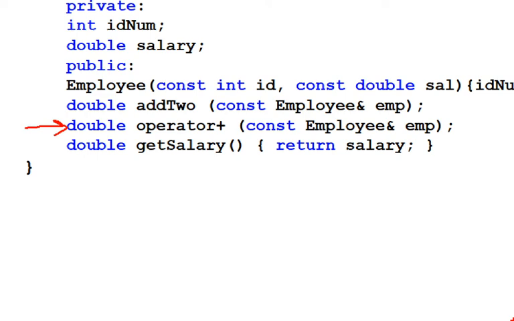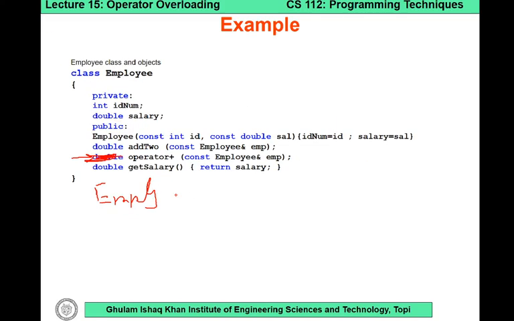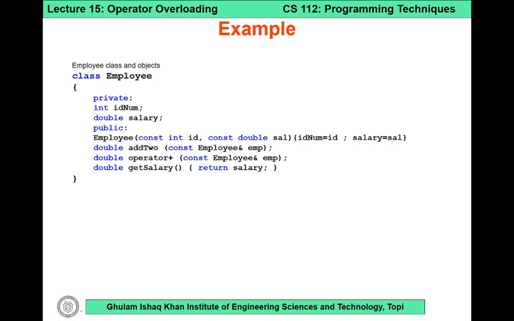Think about it. Yes, you can simply remove this double. Instead of double, the return type of this function should be what? Should be an employee, right?